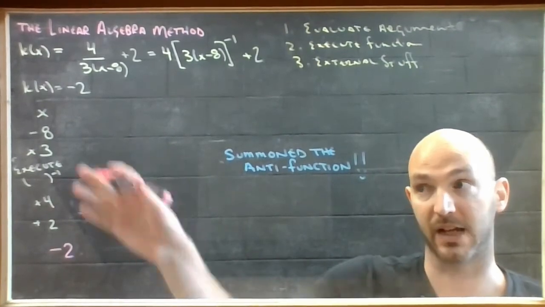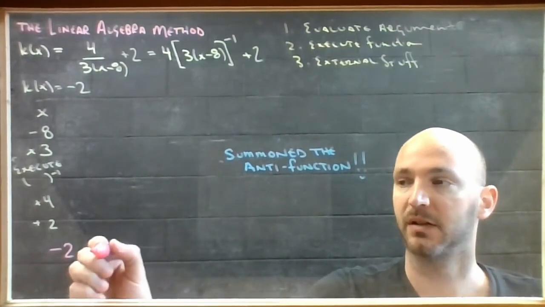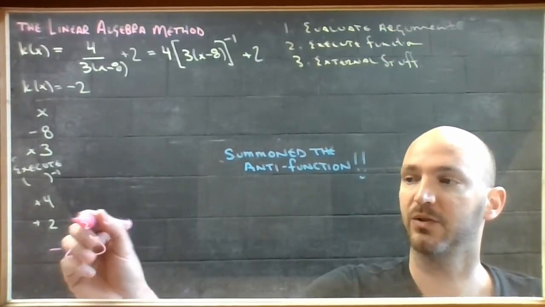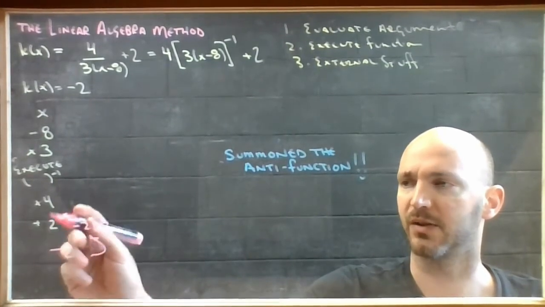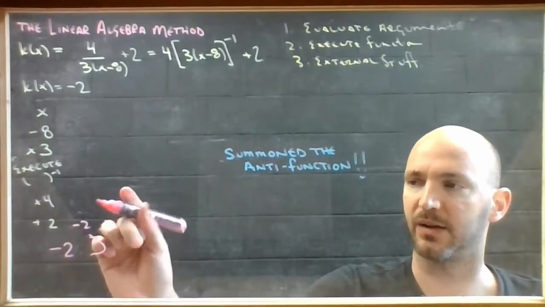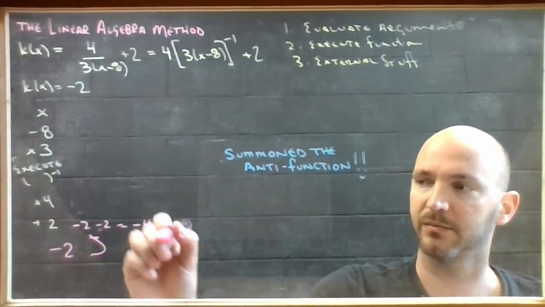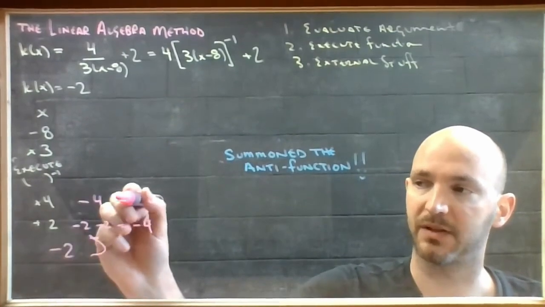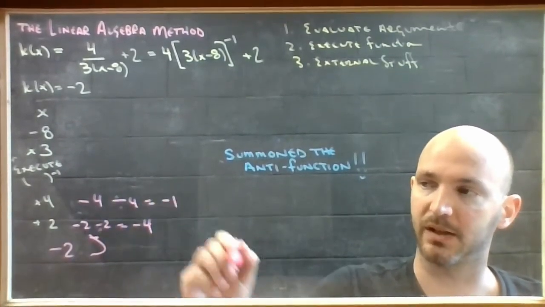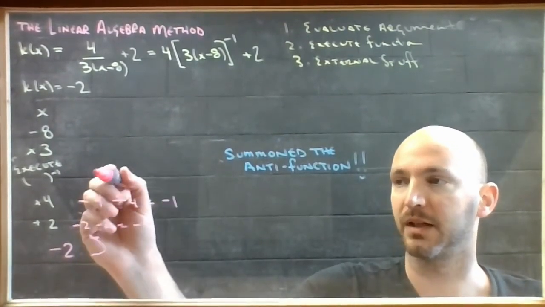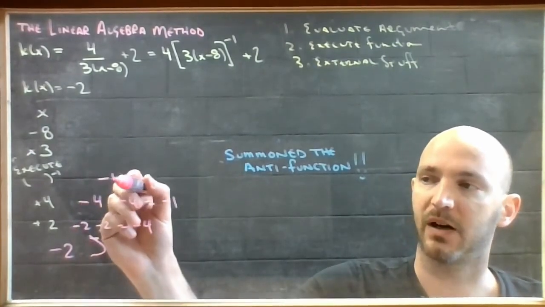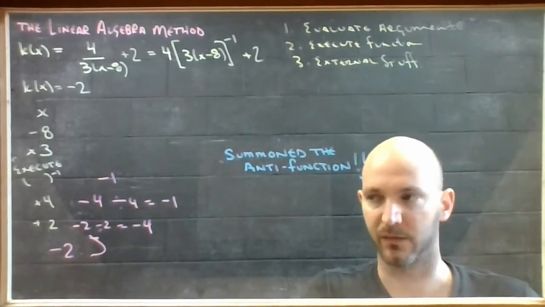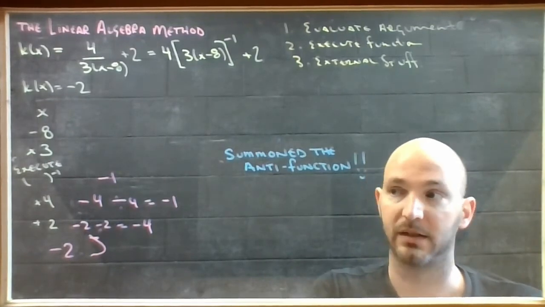Okay, so we just have to walk back through those steps. -2, subtract 2 if I undo that one, gives me -4. -4, undo this step would be divide by 4, which gives you -1. Bring this up here. I have to summon the anti-function for something to the -1.